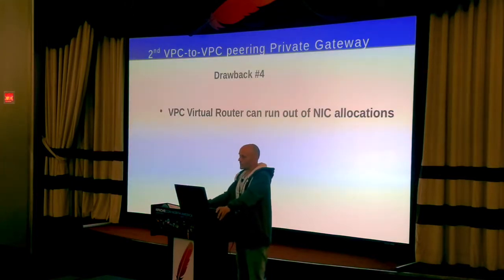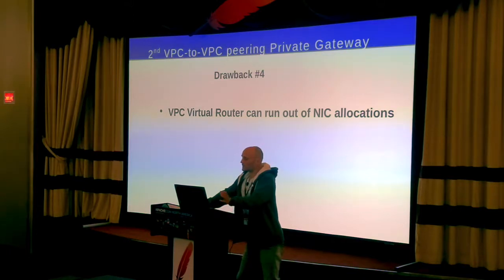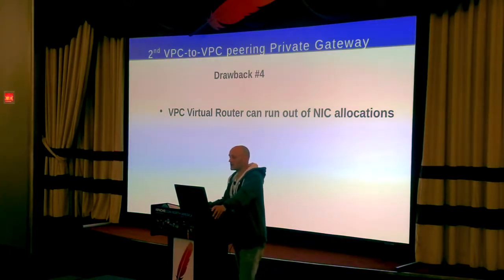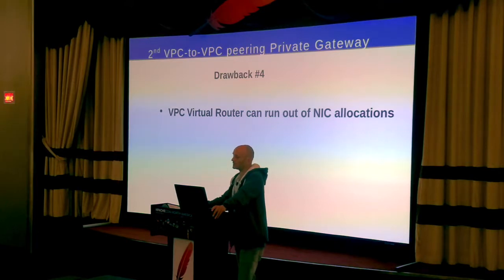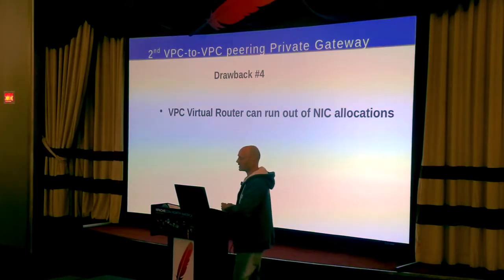The fourth drawback is that there's also no way to tell CloudStack that you want to reuse the same NIC or the same interface. So if you create too many of these private gateways, you can start running out of NIC allocations as per hypervisor maximums.